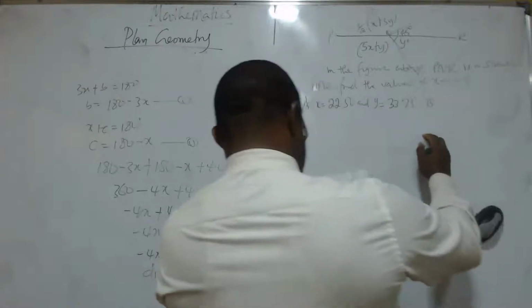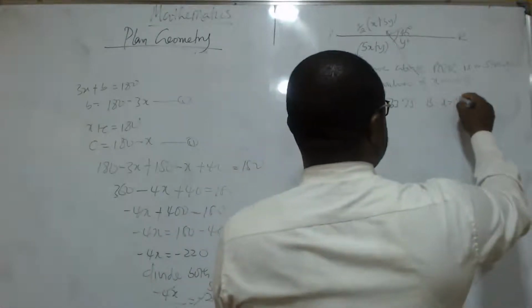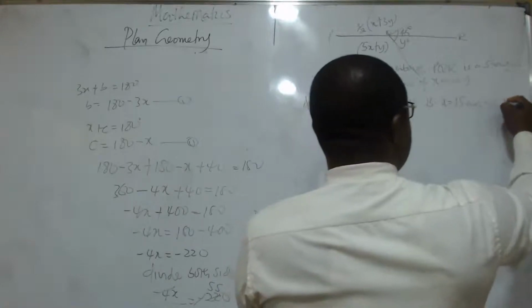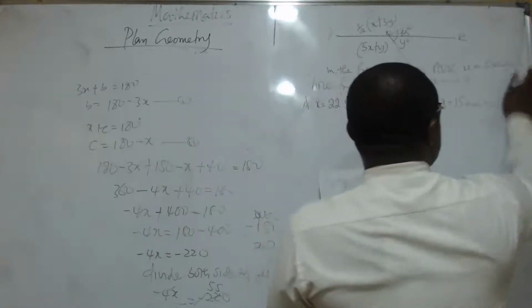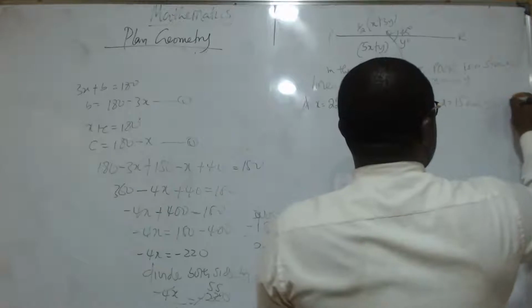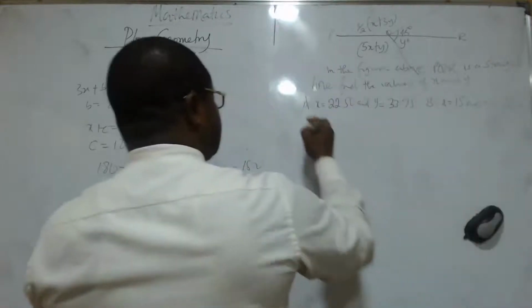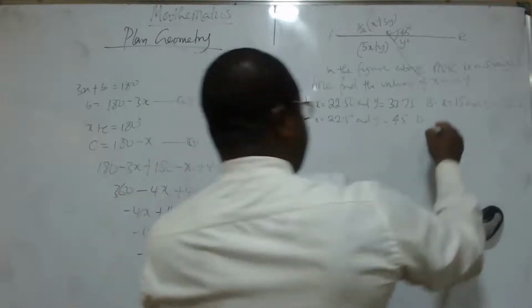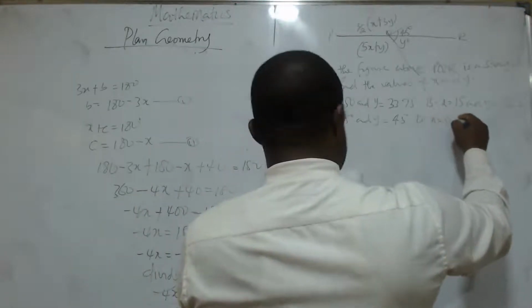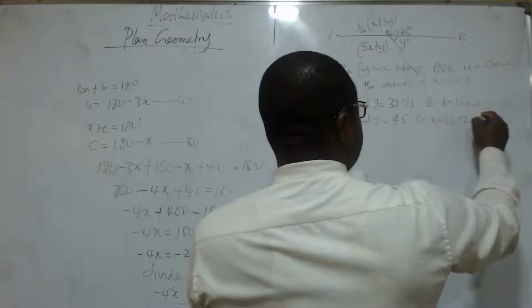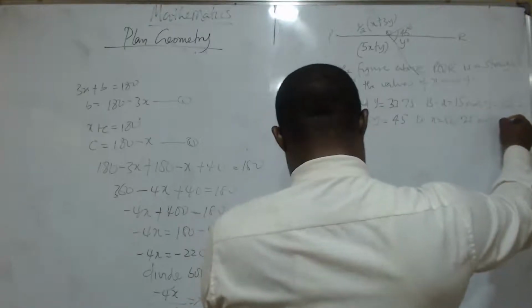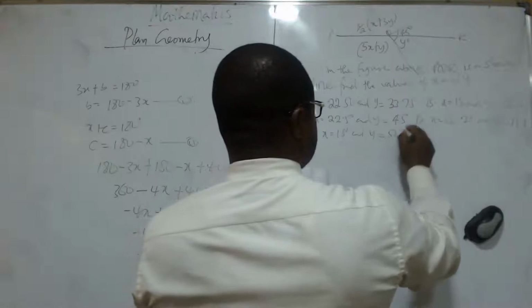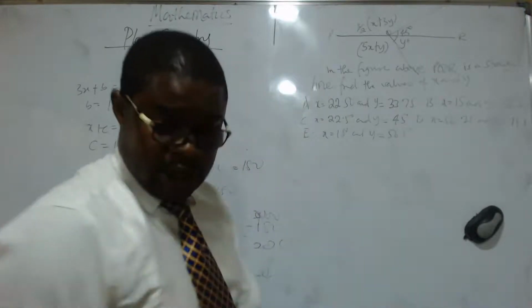B: we are given X equals 15 degrees and Y equals 52.5. Then C: we are given X equals 56.25 and Y equals 56.54 degrees. So now let's see.